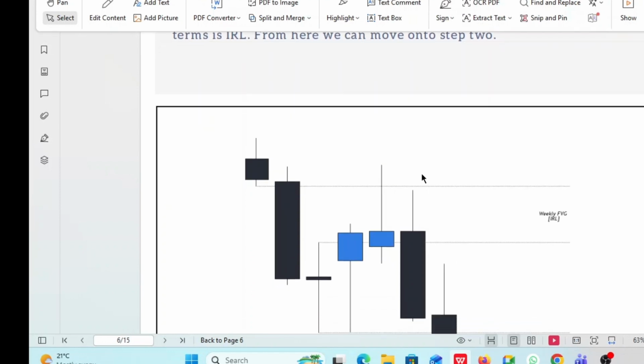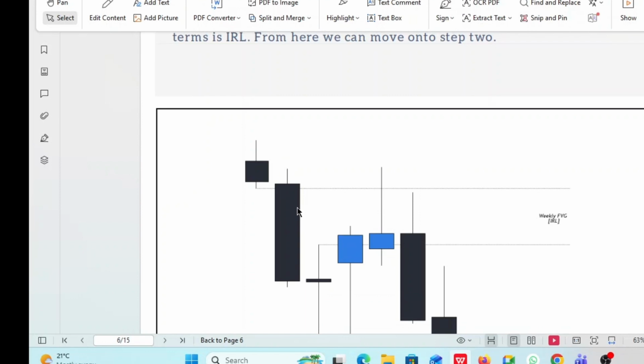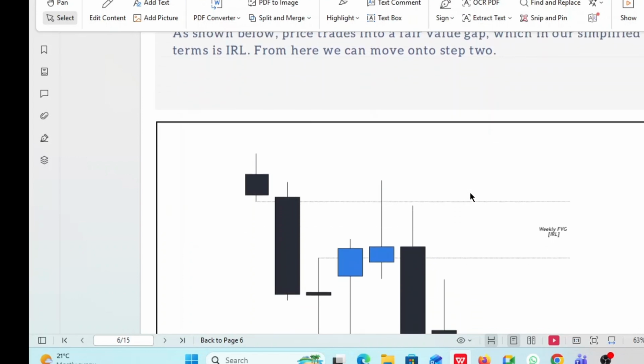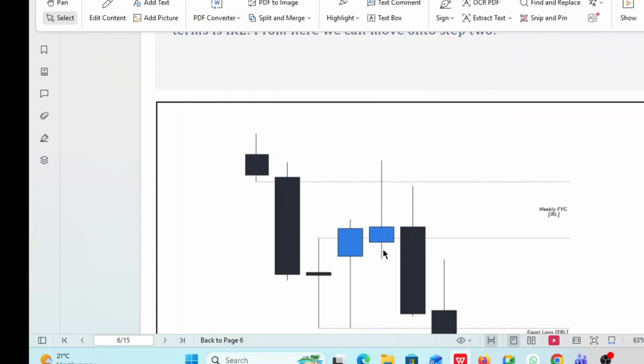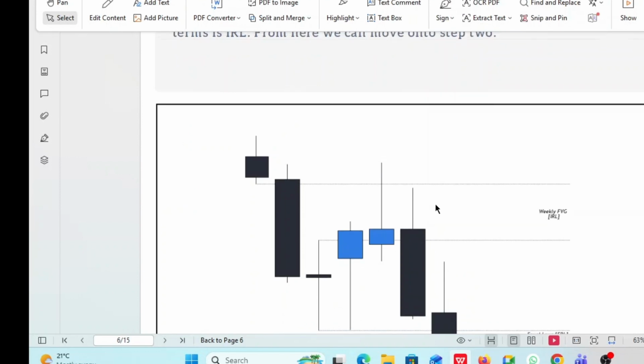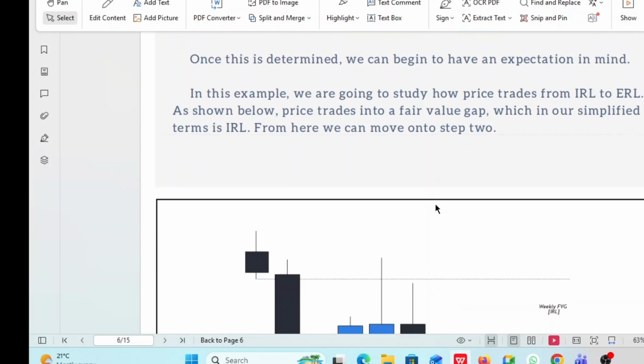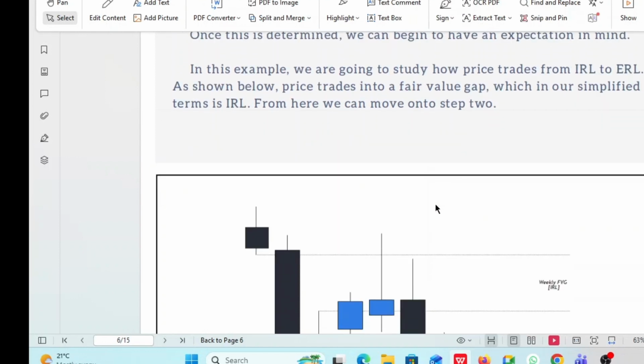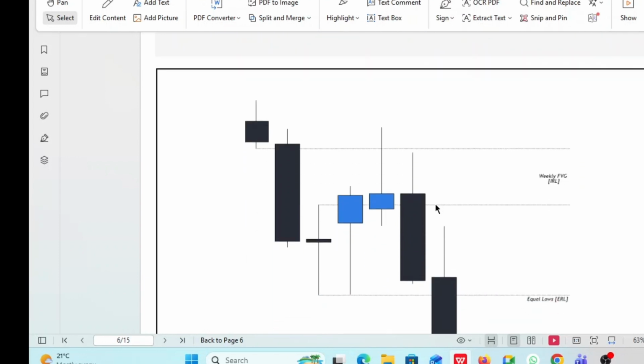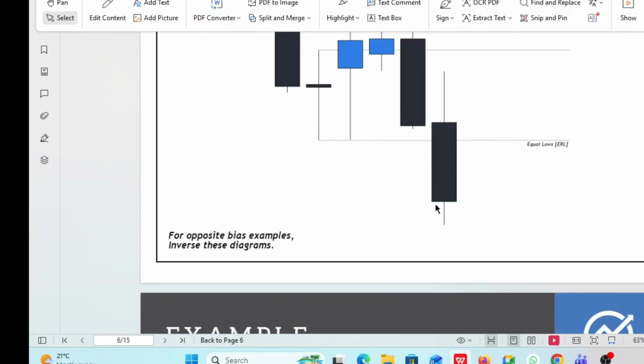Also, we have our own fair value gap here, which is internal range liquidity. So for this one, the price taps into our internal range liquidity before moving. So we say the market has to tap either of these two, either internal range liquidity or external range liquidity.